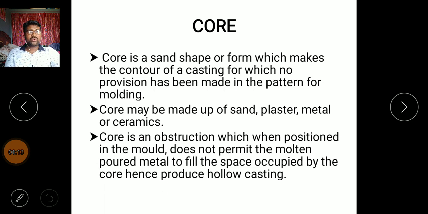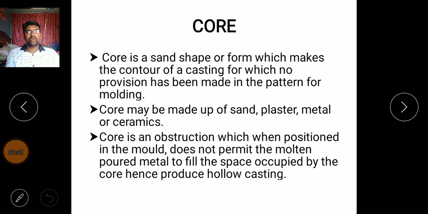Next, a core is an obstruction which, when positioned in the mold, does not permit the molten poured metal to fill the space occupied by the core, hence producing a hollow casting. How is the hollow gap provided in the casting part? At the time of the molding process, we have to place the core inside the mold.